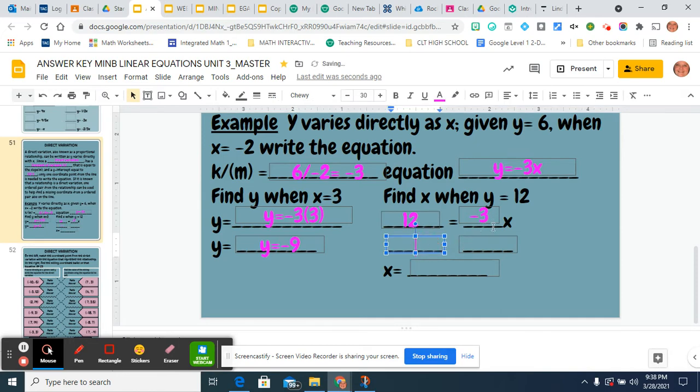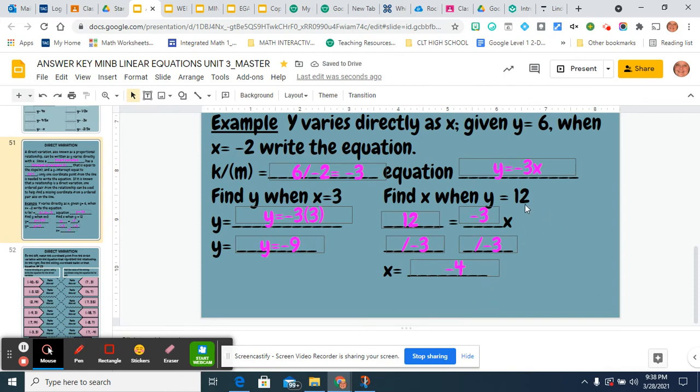In order to get x by itself, we're going to divide by -3 on both sides. And 12 divided by -3 would be -4. So now we know that when y is 12, x is -4. So another coordinate point on this direct variation is -4, 12.